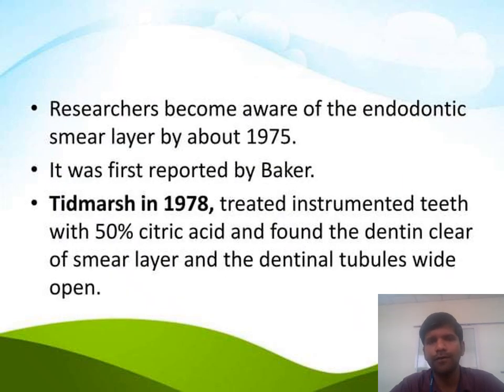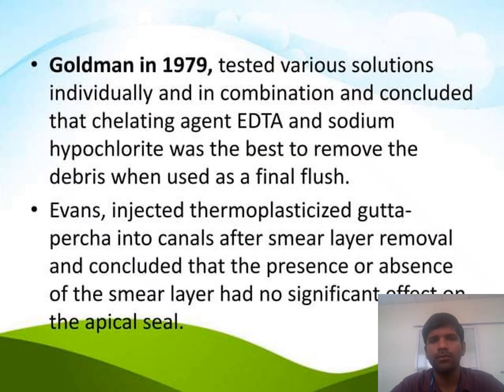Researchers became aware of the endodontic smear layer by about 1975. It was first reported by Baker. Tidmarsh in the year 1978 treated instrumented teeth with 50% citric acid and found the dentin clear of smear layer and the dentinal tubules wide open.